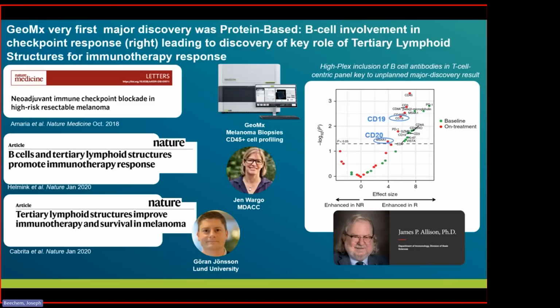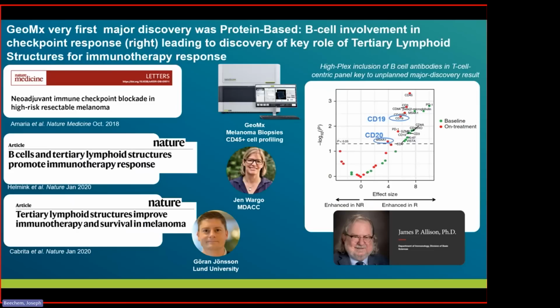I said, maybe we should look at the images. So we looked at the images closely, and what did we find? Those B cells were associated to a unique histological feature in those tumors, called tertiary lymphoid structures. Almost no one was talking about tertiary lymphoid structures when we made that discovery.